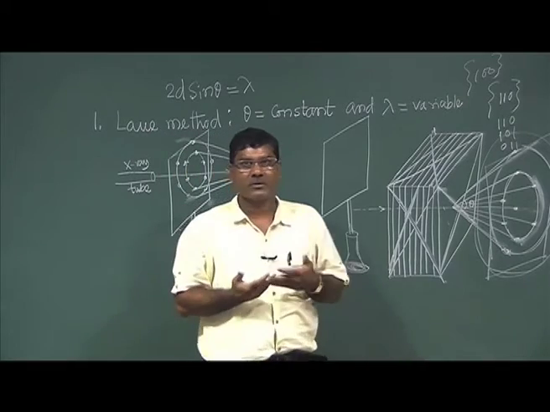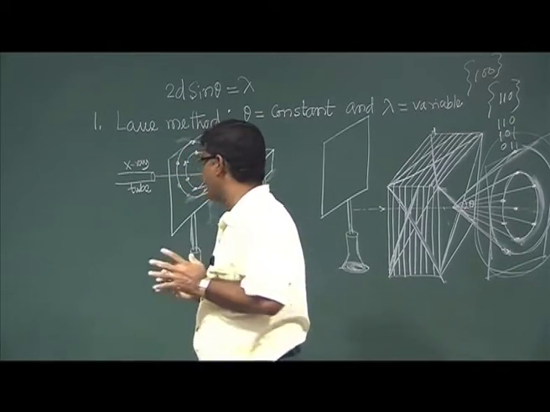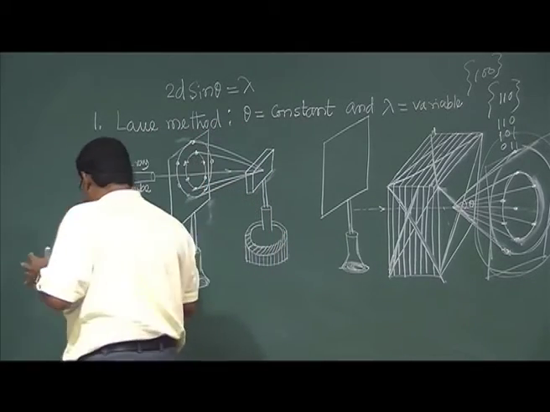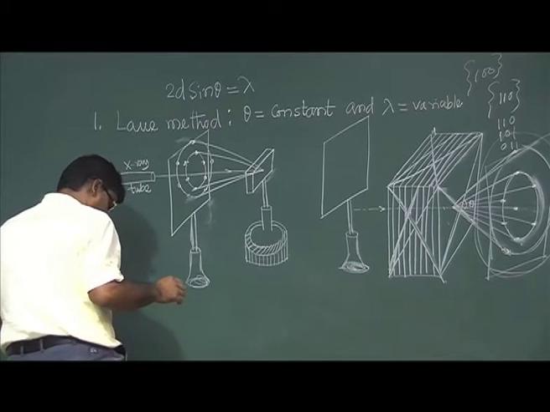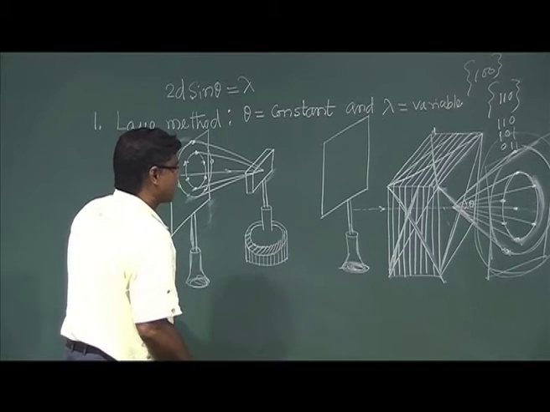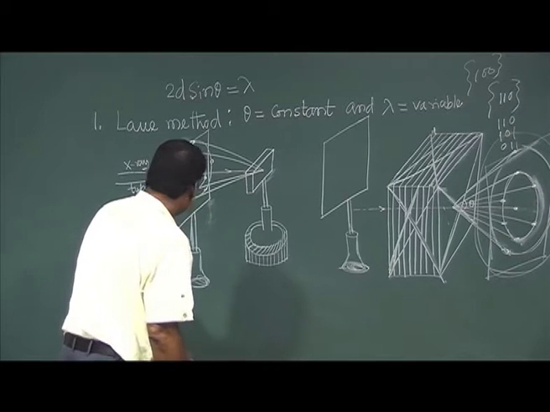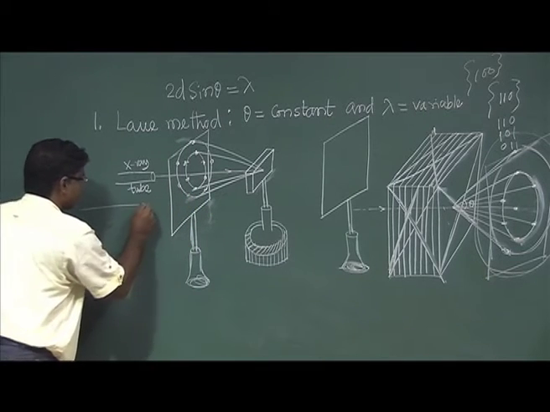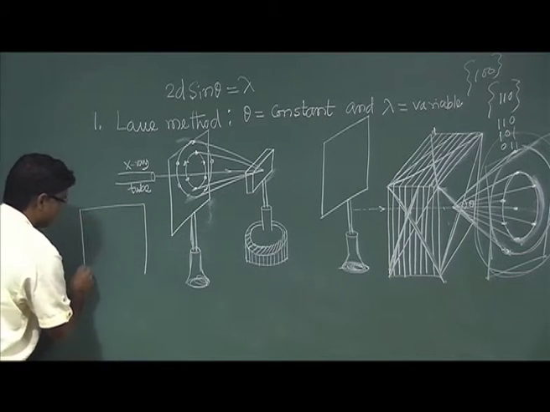So in the Laue method, on the X-ray plate, what will we get? This is the X-ray plate.